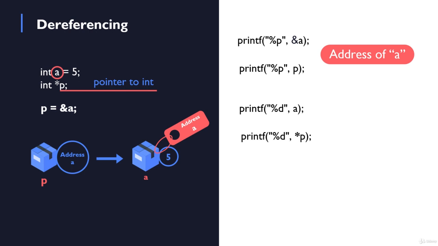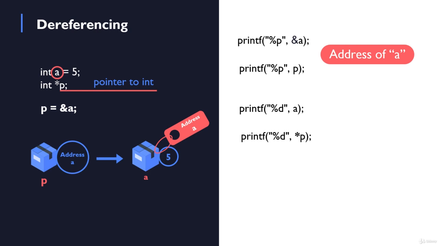So it looks like this: printf %d and this pointer, *P. It can be understood as: we are going to the address that P points to and taking the value that is in this address, and in this case it will be 5.